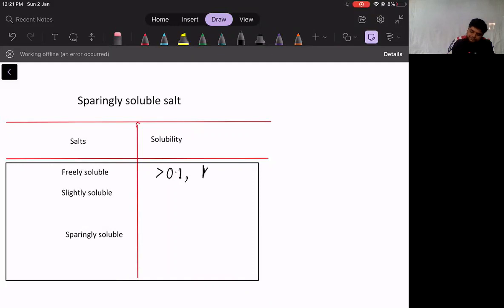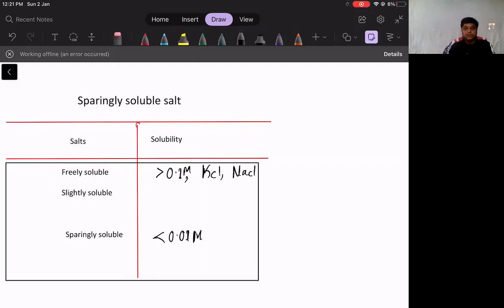KCl, NaCl, these are the examples. The alkali metal salts generally are freely soluble. There are sparingly soluble substances at the other extreme. Their solubility is even lesser than 0.01 molar, where M means the molar concentration.